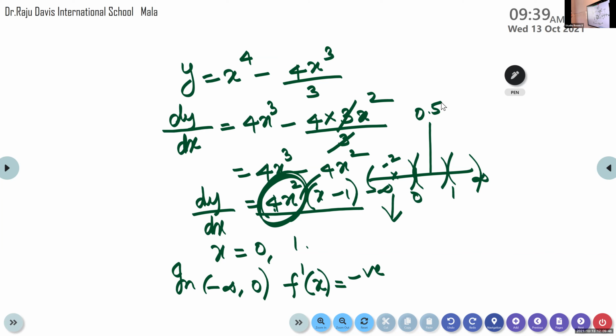Shubham, can you give the answer? In the interval 0 to 1, is it increasing or decreasing? Anila, give the answer. Yes, Shubham. Decreasing. Okay, in this interval also it is decreasing. Now what about 1 to infinity? Femina, in 1 to infinity, you take some number between 1 and infinity and check whether it is increasing or decreasing.